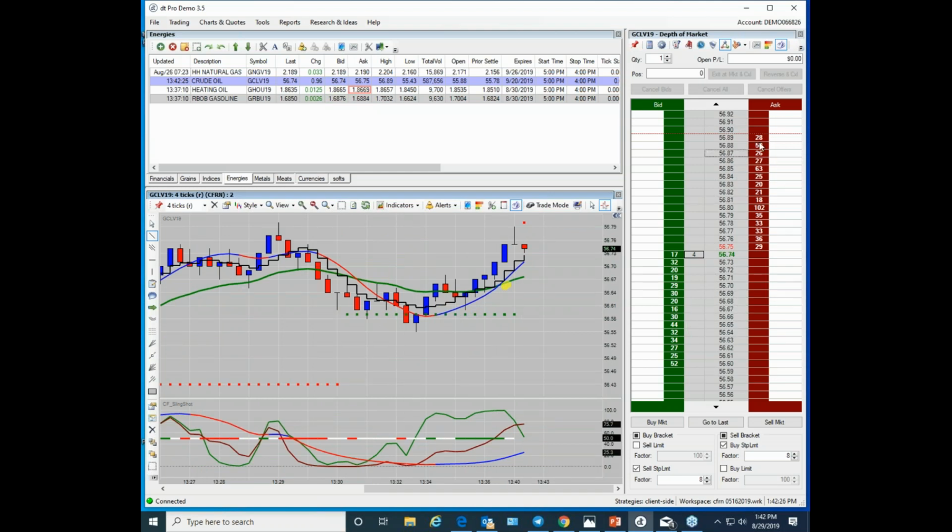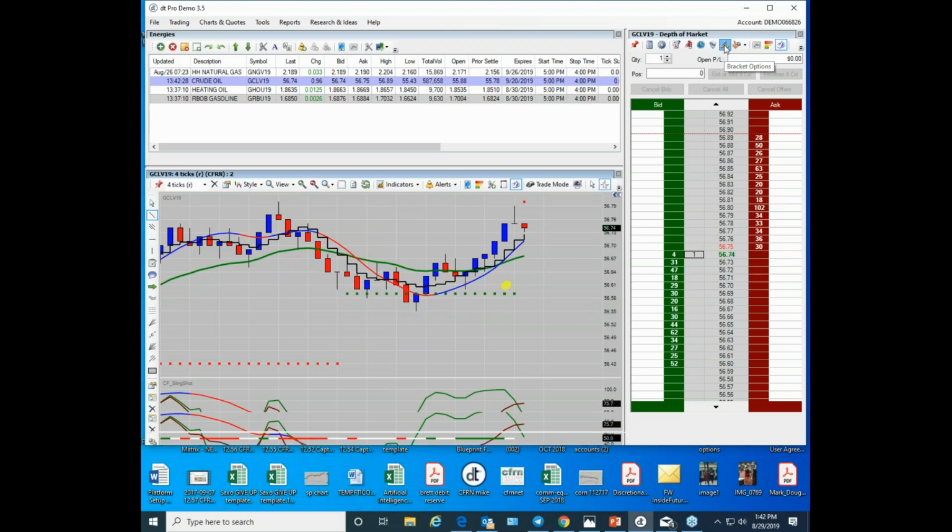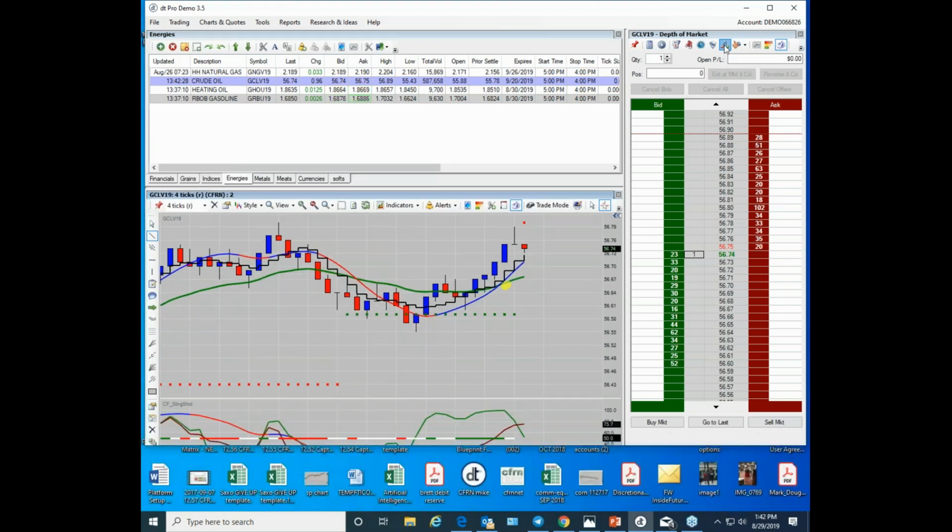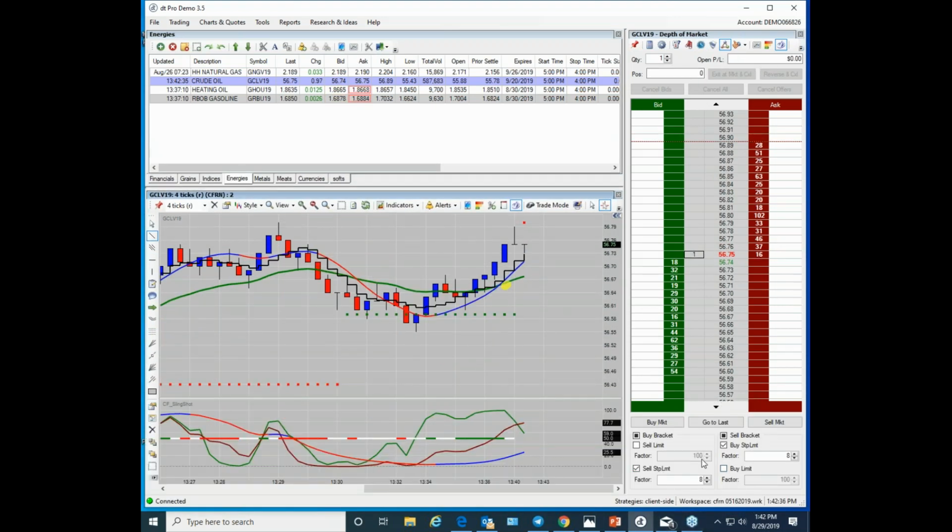this is where we do our buying and selling. That's the tower, right? So this button here, the Tinker Toy triangle. If you left click on that, the bottom of the DOM opens up. What's cool about it is, if you check buy stop and sell stop, and you right click over it, put factor in ticks, make that factor in 8, that's automatically going to put our stop loss in right behind us as soon as we get into it.